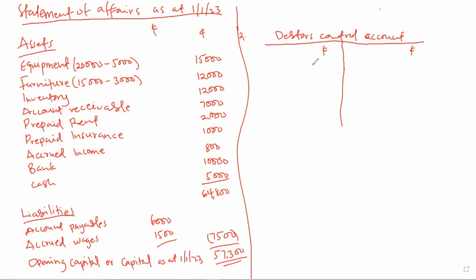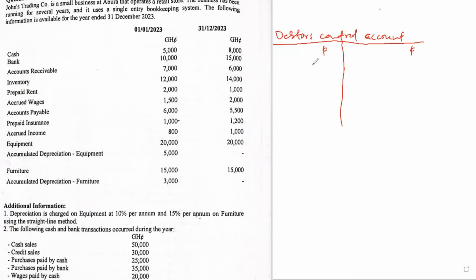When you look at the account receivable, the opening balance is 7,000 and the closing balance is 6,000. Since debtors is an asset and all assets have a debit balance, the opening balance will be on the debit side.